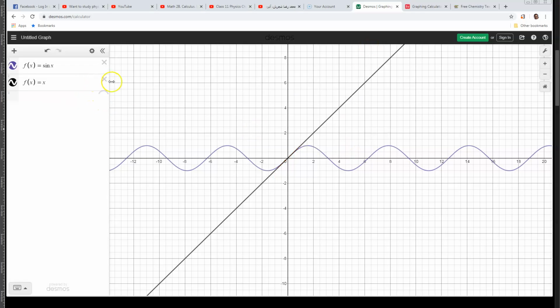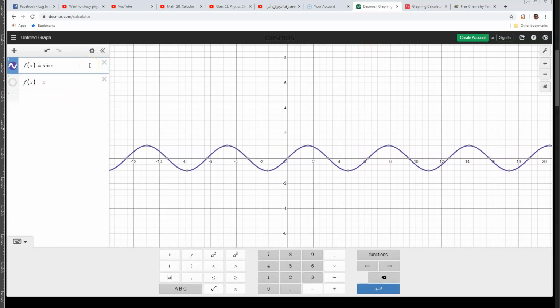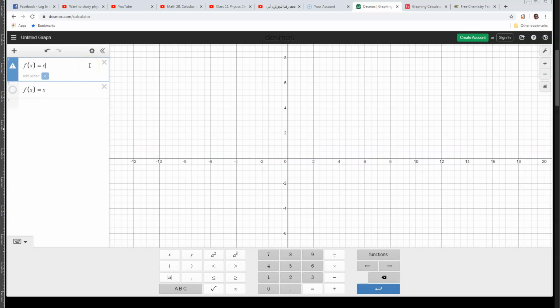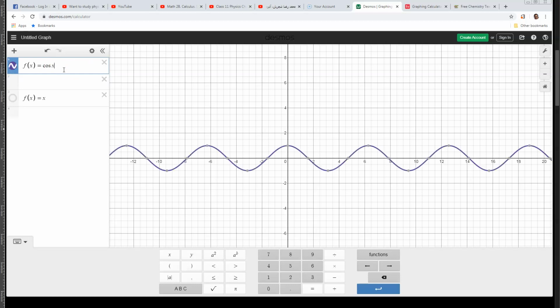So now if I draw the graph of the cos function, actually it's supposed to be cos x. You can basically restrict the function from 0 to, for example, pi.